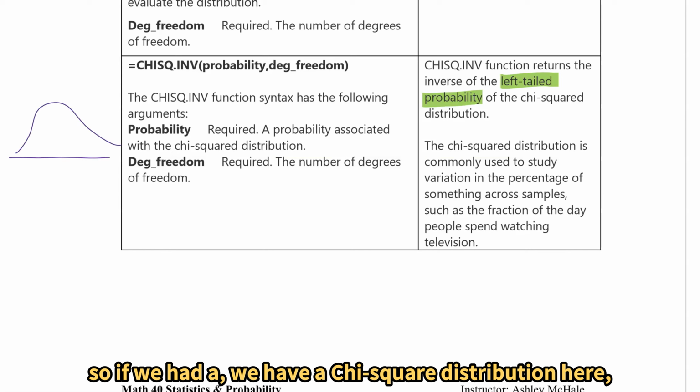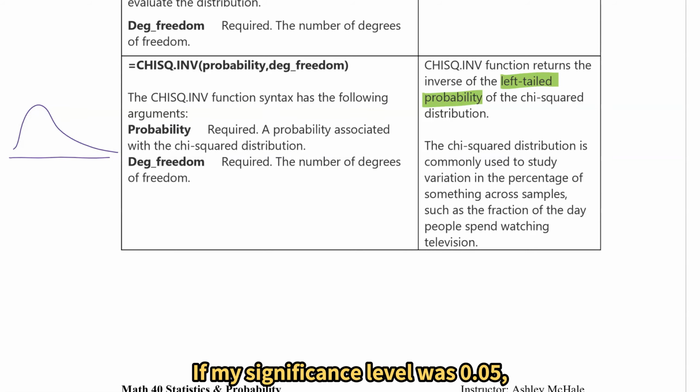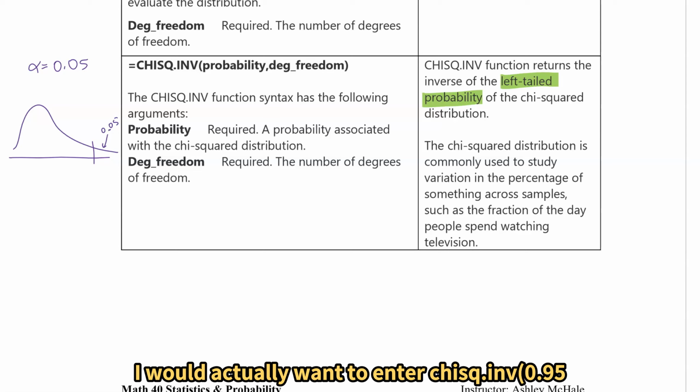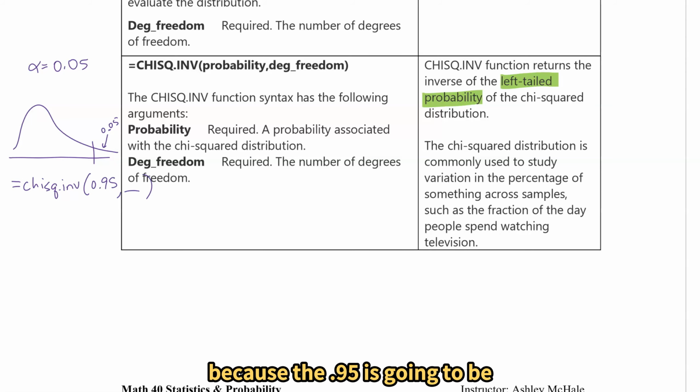So if we have a chi-squared distribution here, if my significance level was 0.05 and I had a right-tailed test, I would actually want to enter chi-square.inv 0.95 and those degrees of freedom, because the 0.95 is going to be to the left of that value that I'm looking for. So just be mindful of that.